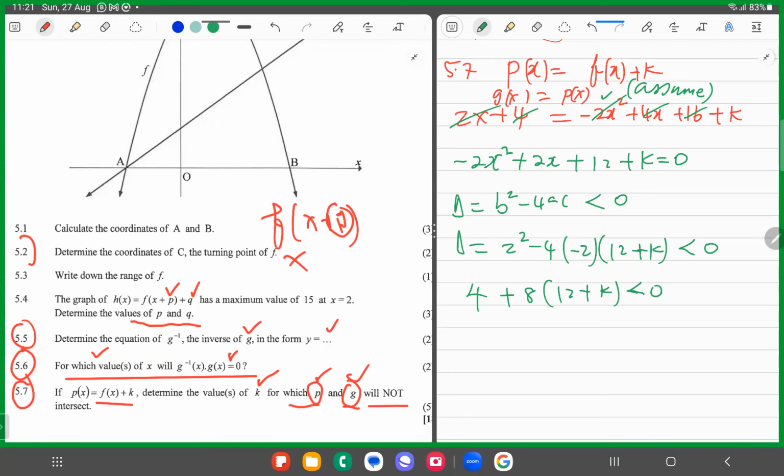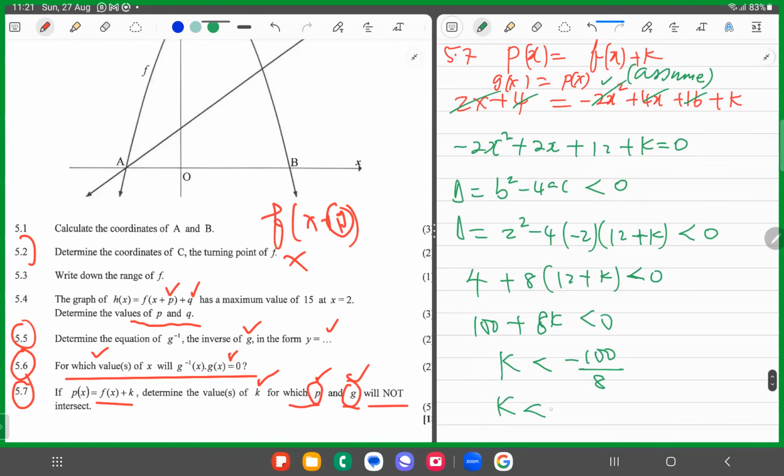So what is this? 100 plus 8k is less than 0. You move the 100 to the other side, it becomes minus 100, you divide by 8. And what we're getting here is that k is smaller than minus 12.5.